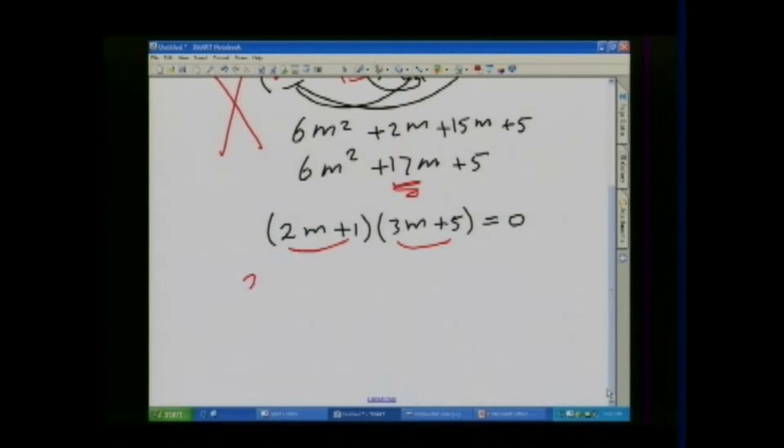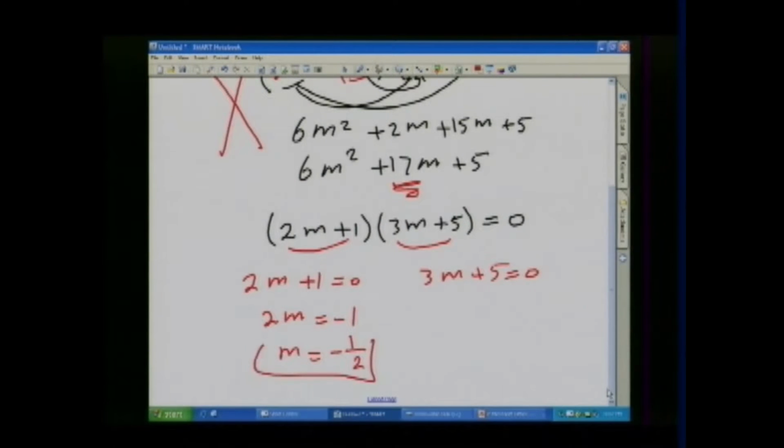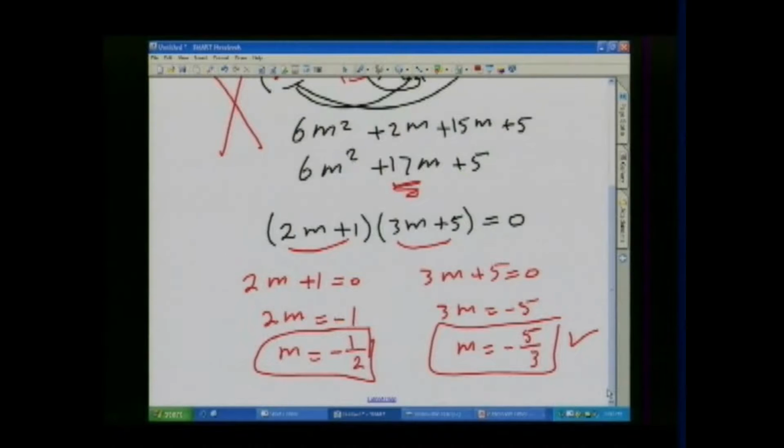So that means 2m plus 1 equal to 0, or 3m plus 5 is equal to 0. If 2m plus 1 is equal to 0, that means 2m is equal to minus 1. Therefore, m is equal to minus 1/2. And here, 3m equal minus 5. M is equal to minus 5/3. These are the two answers to the equation.